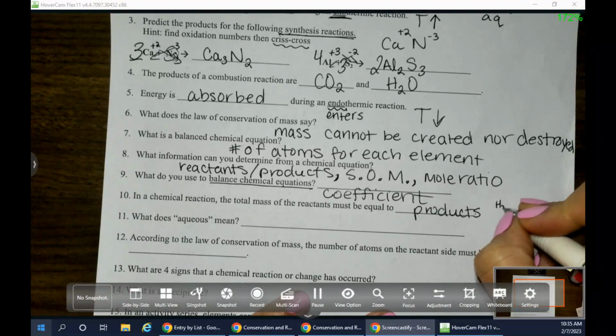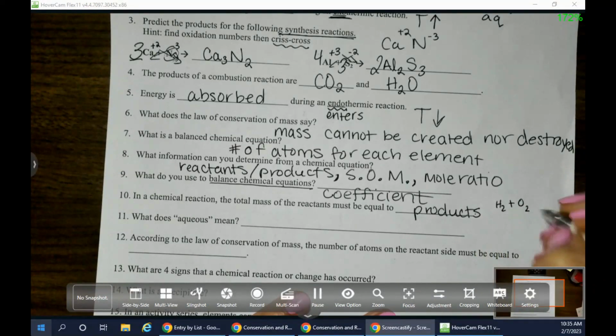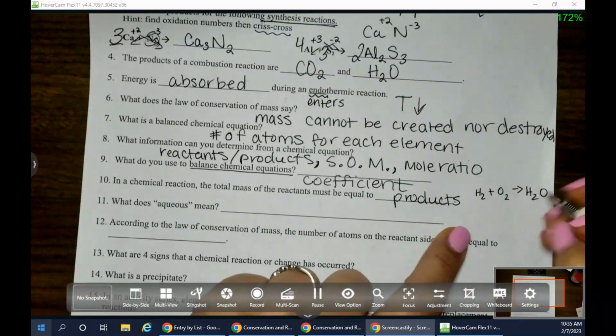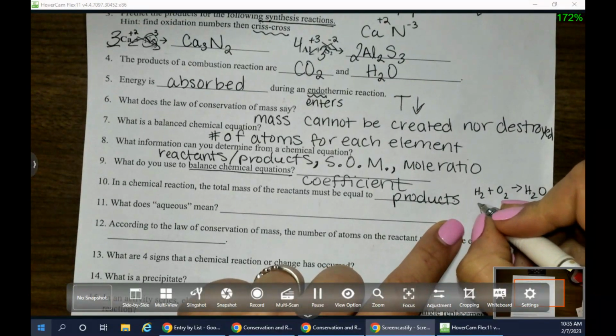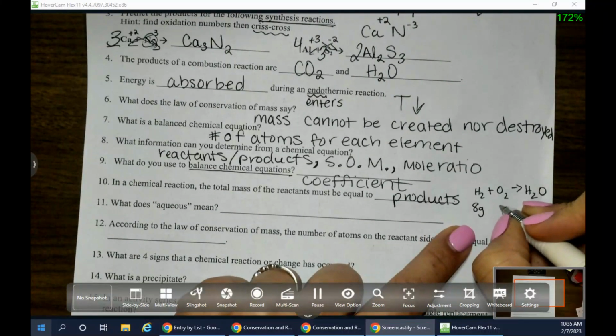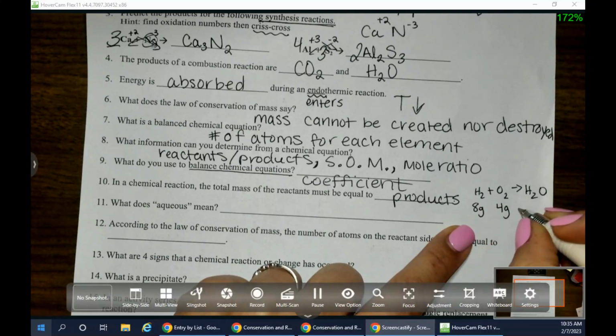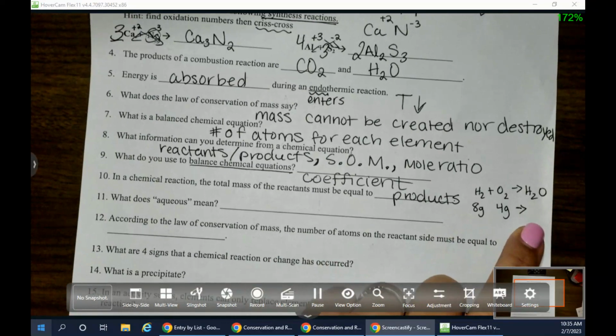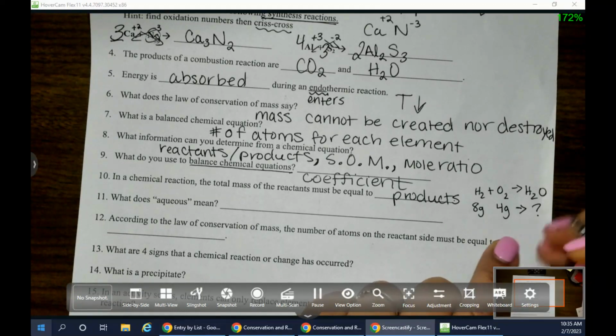Just go ahead and say hydrogen plus oxygen makes H2O. And we'll give ourselves the example that if I have 8 grams of hydrogen and 4 grams of oxygen, then I'm going to make how much water? How much water am I making? 12 grams. Good.